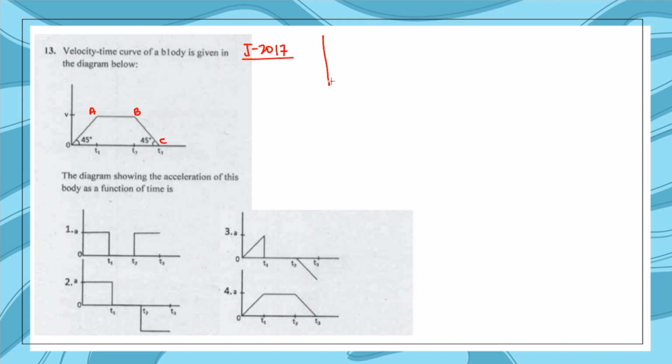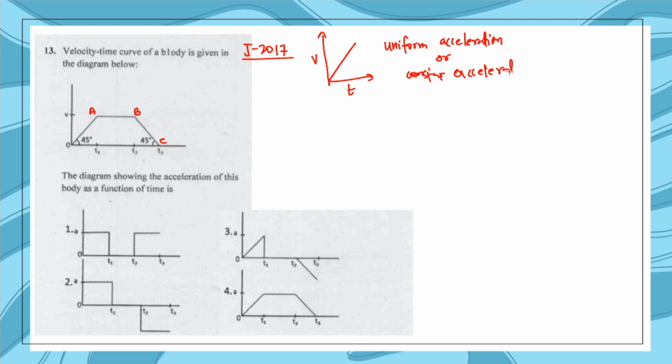Let me just plot it separately so that you can understand. So this is time, this is velocity, and what is happening here is that there is a straight line passing through the origin. What do we call it? We call it uniform acceleration, or it can also be called constant acceleration.